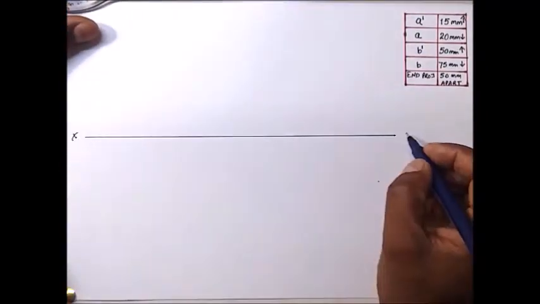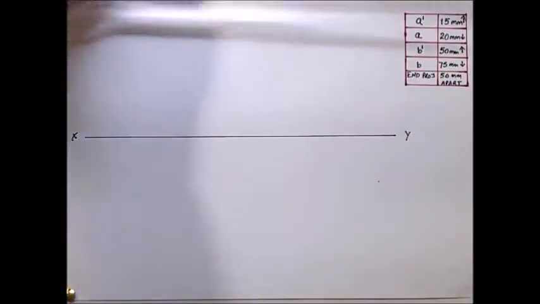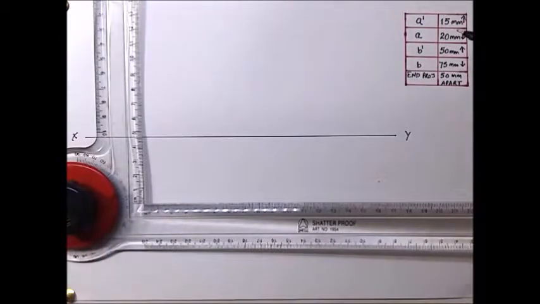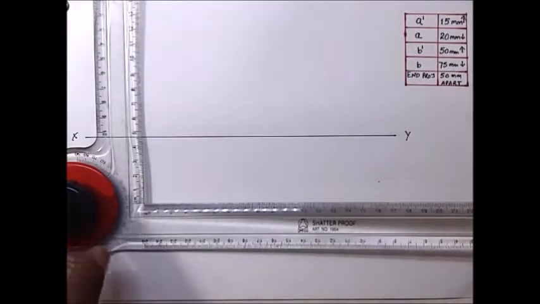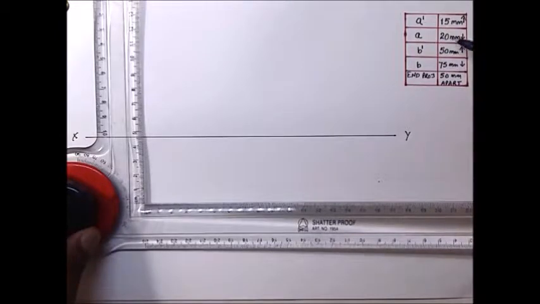This is my XY line. Now in the question it is given that point A dash is 15 mm above XY line and point A is 20 mm below XY line.